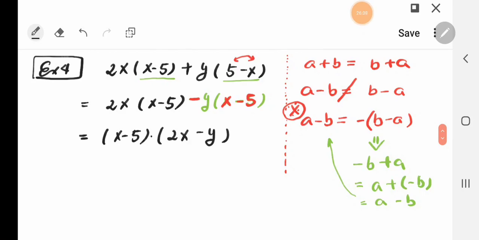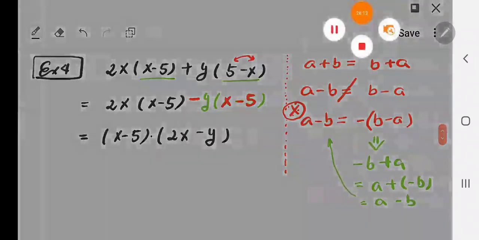Okay, let's try this time factor by grouping, the real factor by grouping.